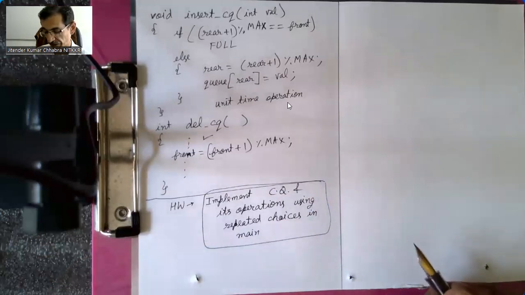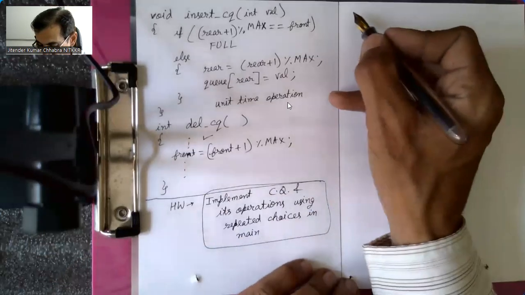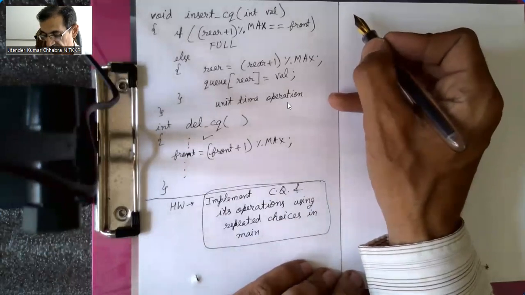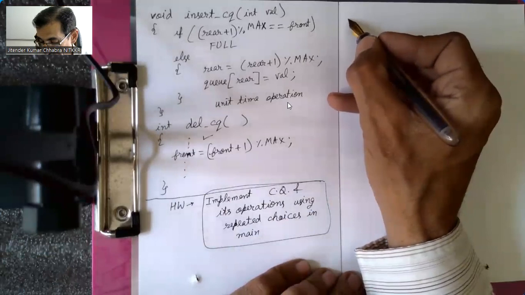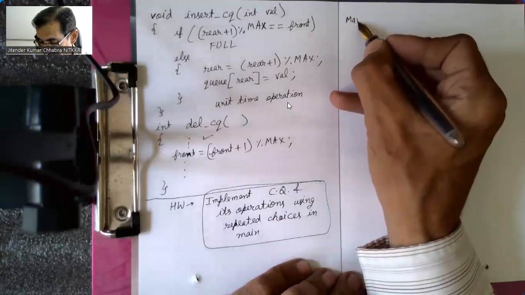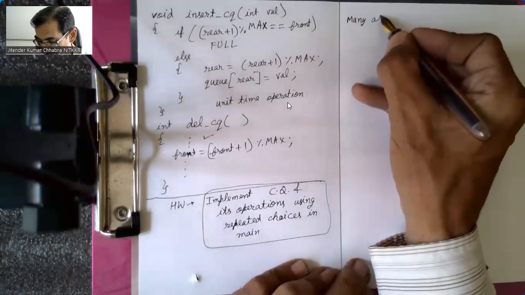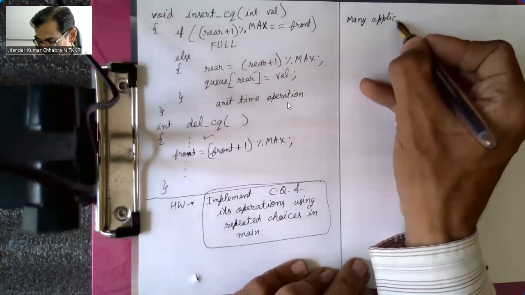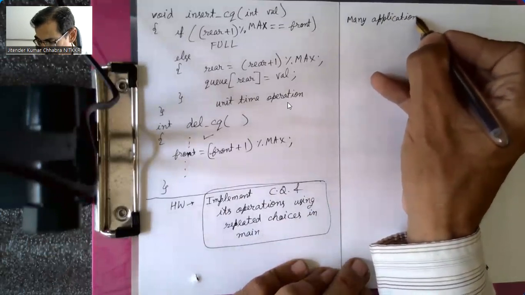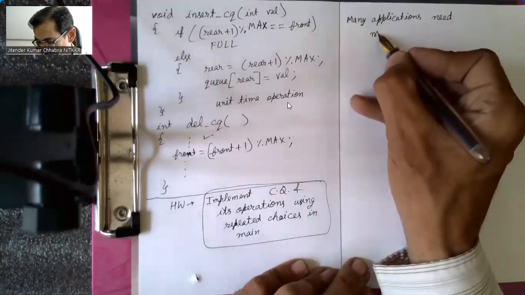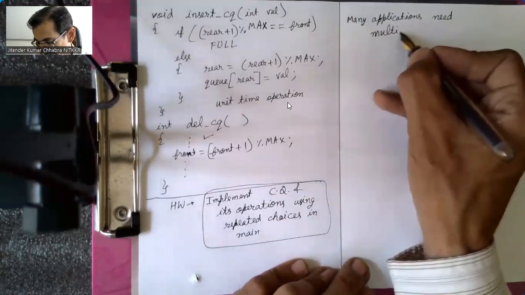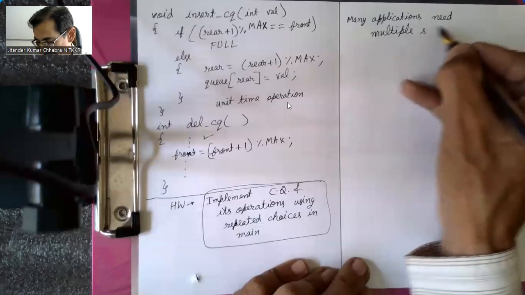Then going further, till now we talked of a single stack, single queue. In many applications, we will require multiple stacks and queues. So we will be willing to implement multiple stacks and multiple queues.